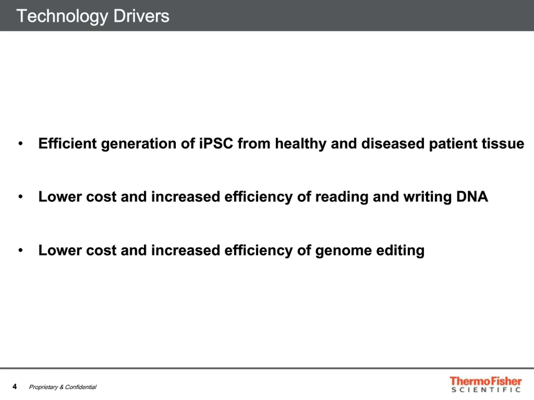So we can take cells from a patient, we can create iPS cells, we can then sequence them to understand the mutation profile that might be associated with their particular disease, and then engineer them, and then we can hopefully, as we get better at differentiating them into terminally differentiated tissues, use those tissues for modeling. I'll mention a bit about lower costs and increased efficiency of reading and writing DNA, lower costs and increased efficiency of genome editing as well.